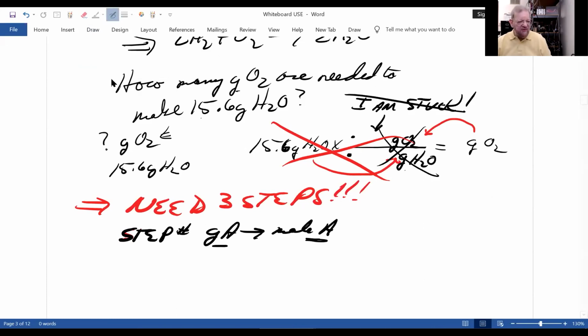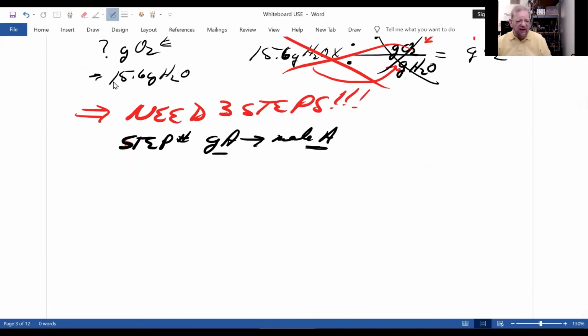So what are we given in grams? Water. So now for step 1, we have to go from grams of water to moles of water. And we have 15.6 grams of water.